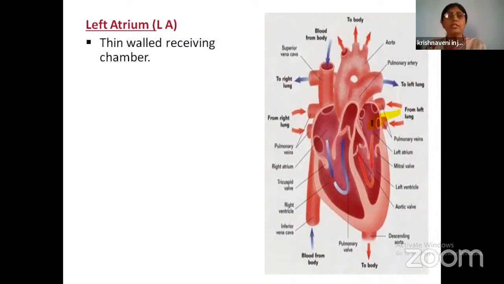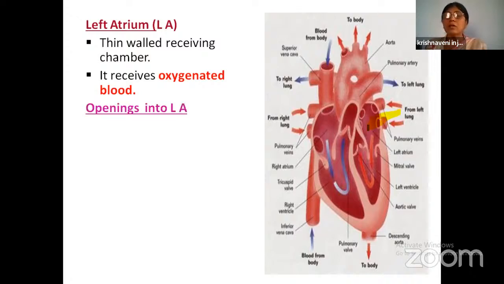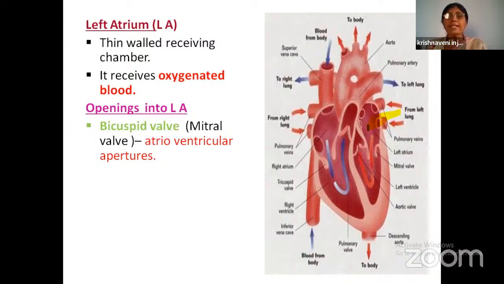This is also a receiving chamber, but it receives oxygenated blood, whereas the right atrium receives deoxygenated blood through the venae cavae. Here it receives oxygenated blood. So, what are the openings present in the left atrium? The bicuspid valve, here it is, the bicuspid or mitral valve.